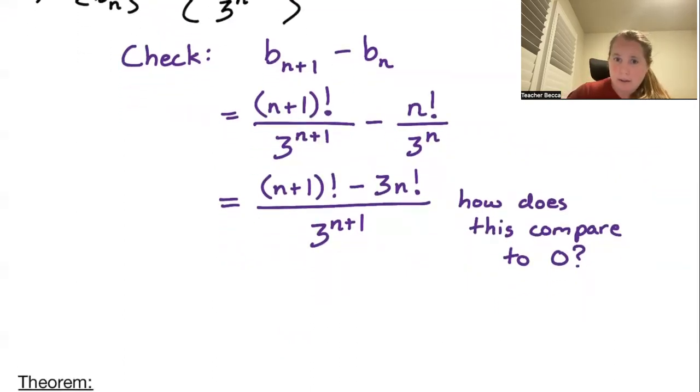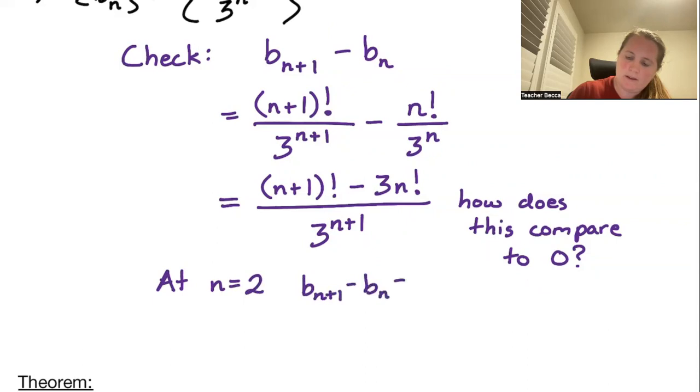So at n equals 2, b sub n plus 1 minus b sub n equals 0. For n greater than 2, b sub n plus 1 minus b sub n would be positive.